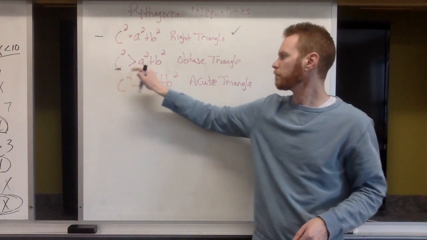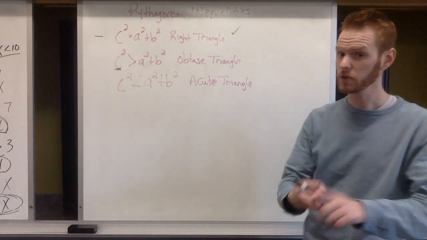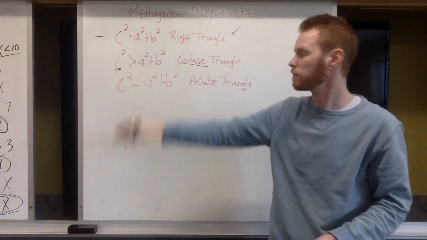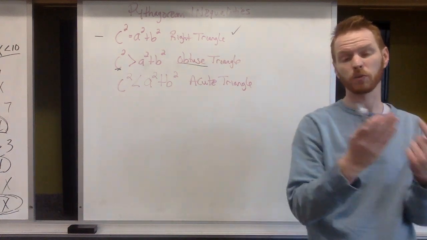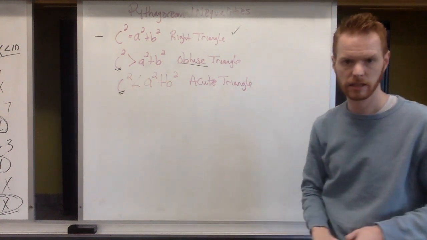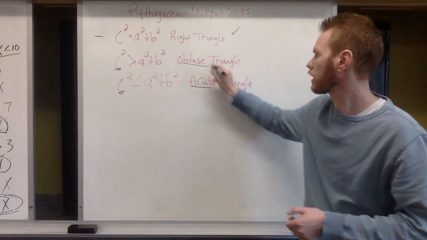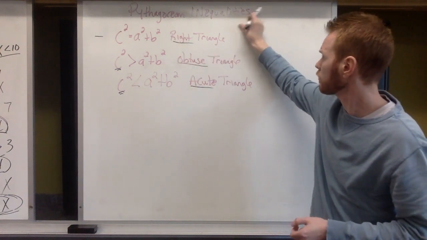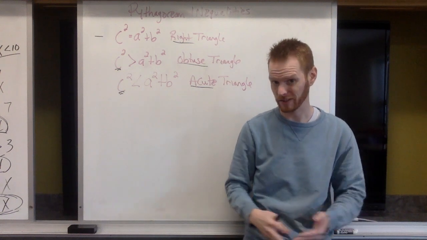If the hypotenuse squared is bigger than the sides squared added together, we know it's not a right triangle, it ends up being an obtuse triangle, meaning there's one angle that's bigger than 90 but less than 180. And then if the hypotenuse squared is less than the sides squared added together, we have an acute triangle, meaning that we have an angle that's less than 90 but bigger than 0.